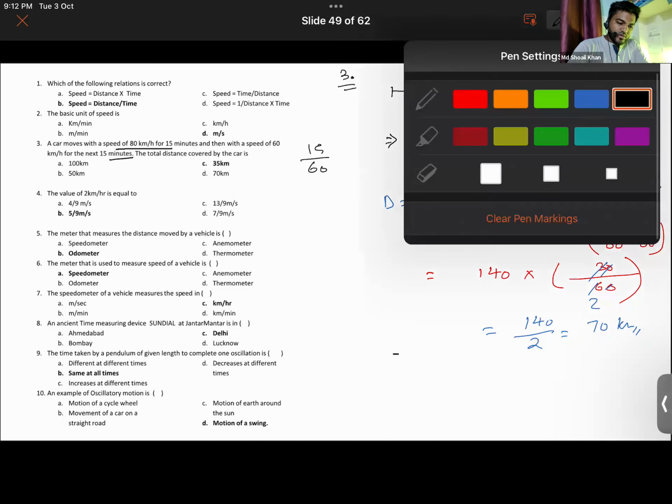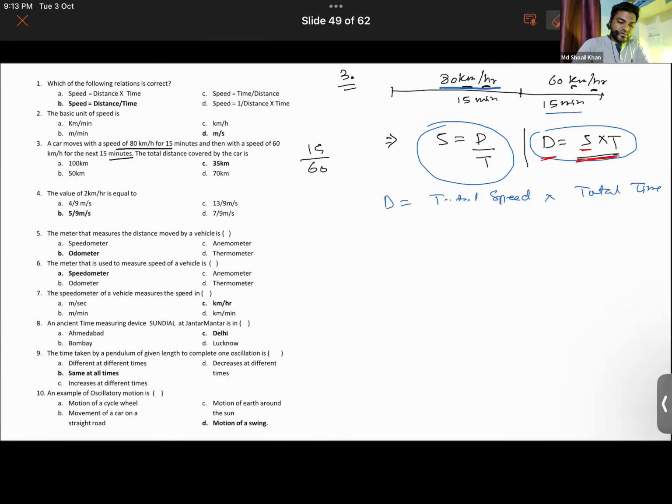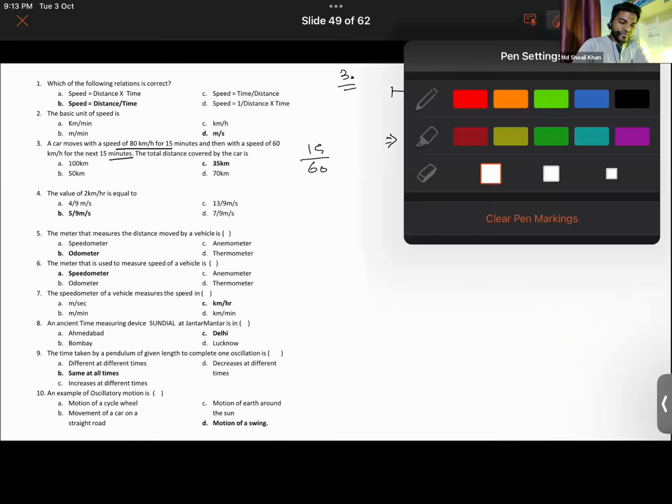Okay, look, one thing here now. I think we have done something wrong in the question. If you look at this formula, distance equals speed multiplied by time, it's better to approach in this manner.